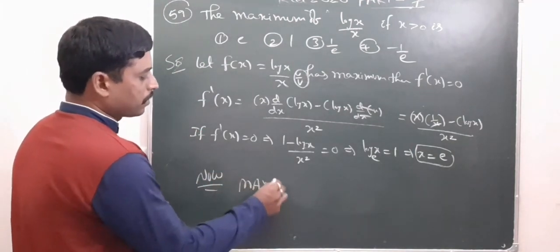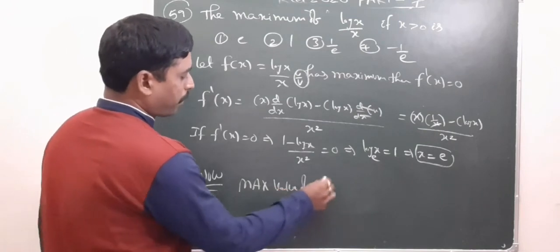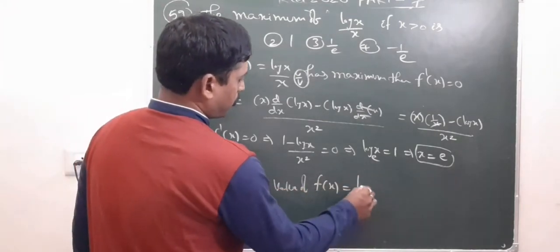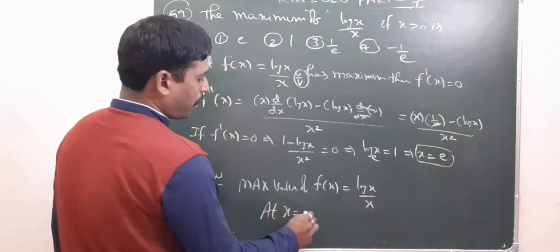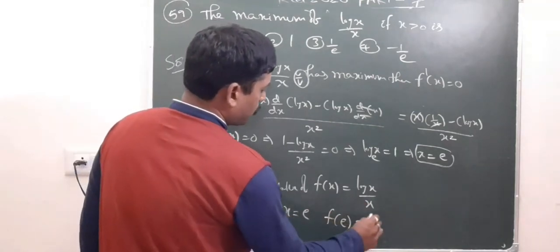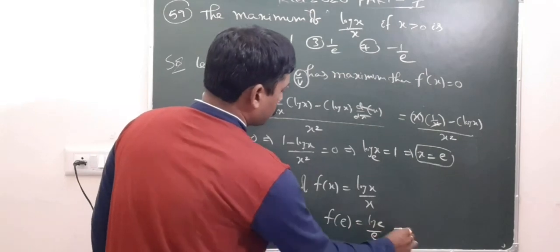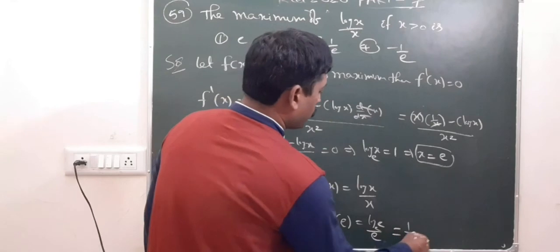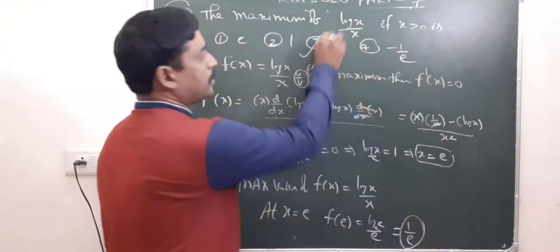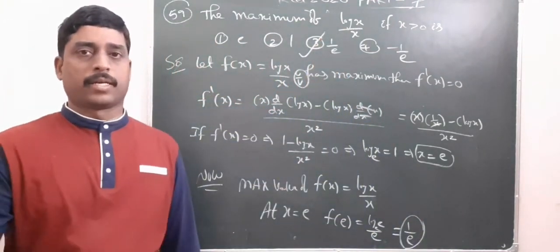The maximum value of f of x, where f of x is equal to log x by x. At x is equal to e, we have to find the maximum value: log e by e. Log e value is 1, base e. So 1 by e is the answer. Which option is correct? Option 3 is correct.